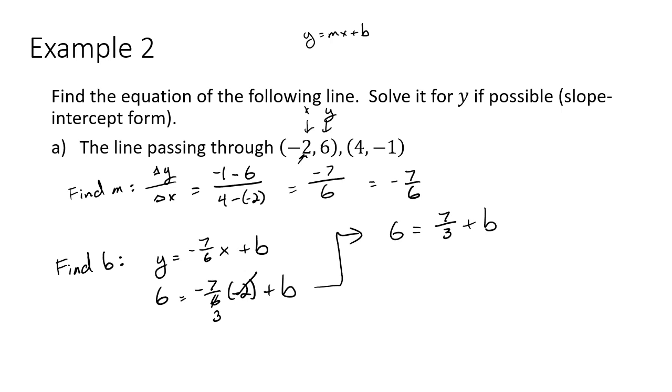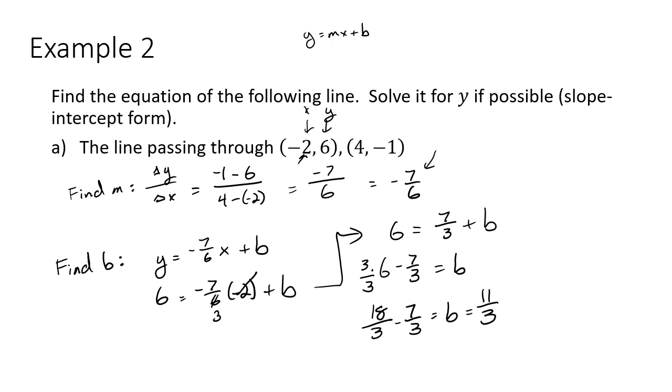And then, if I want to solve for b, I'm going to subtract 7/3 from both sides to move it across. And now I just need a common denominator. So if I multiply by 3 over 3, 6 is 18/3. And 18 minus 7 would give us 11/3.